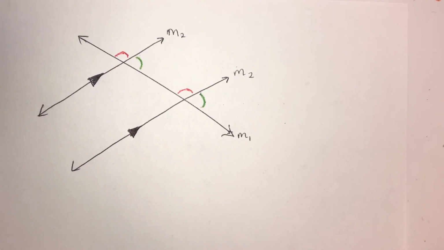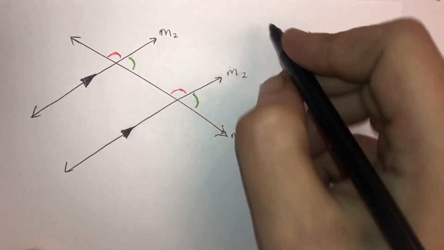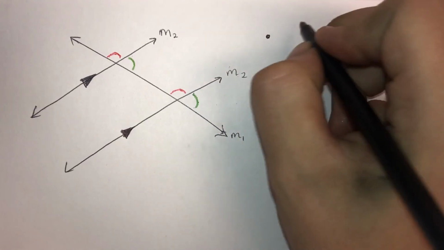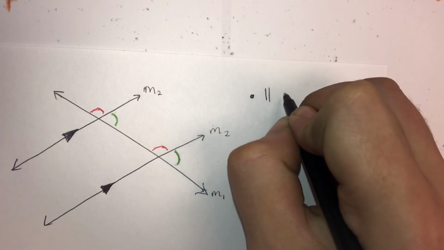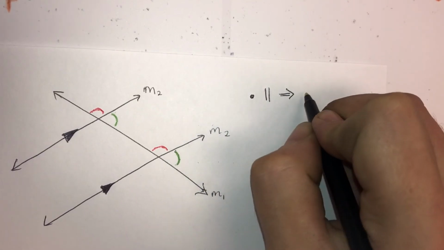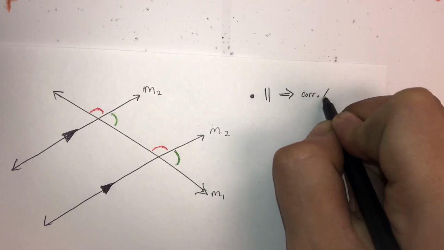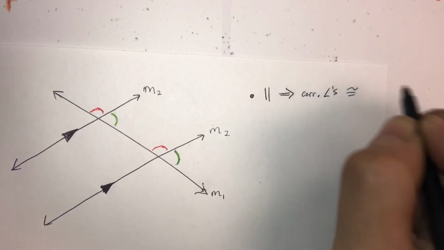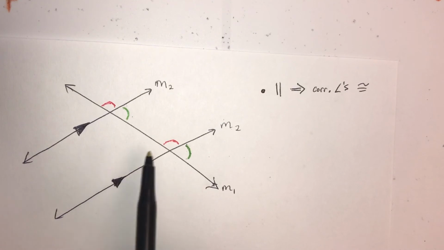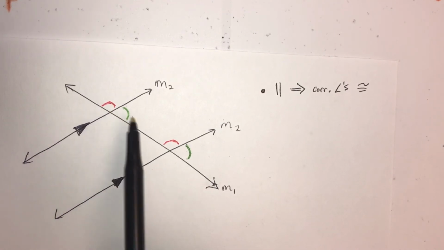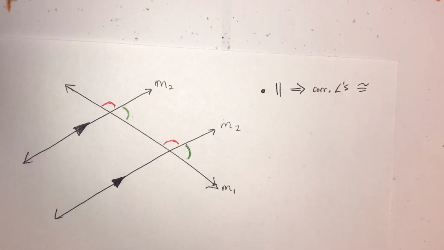Okay, so a couple of theorems. Postulate 15 says that parallel lines cut by a transversal imply that corresponding angles are congruent. That's why I've drawn this angle congruent to this angle and the red congruent to the red, because these are two pairs of corresponding angles.